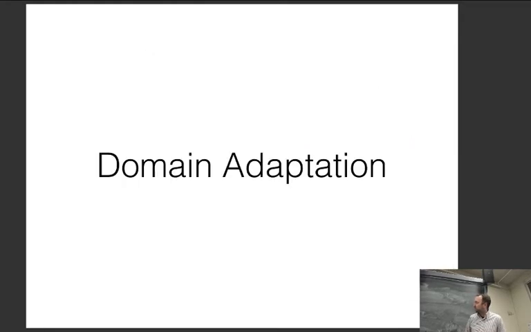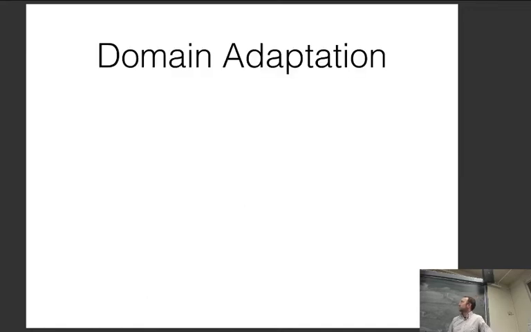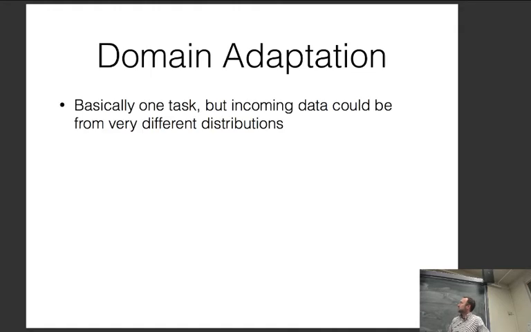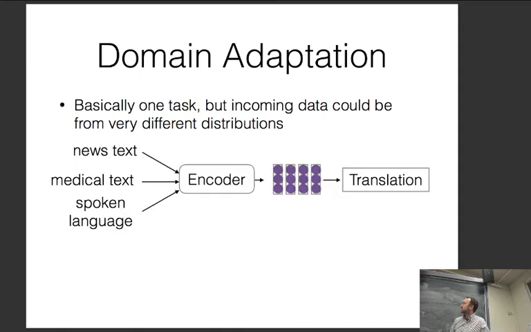Okay. So now I'm just going to go through a couple examples. These also might be things you want to think about for any research project that you're doing, just because doing a little bit of these things can often give you significantly better results and a stronger baseline to work with. So for domain adaptation, you have basically one task, but a lot of the incoming data could be from very different distributions.